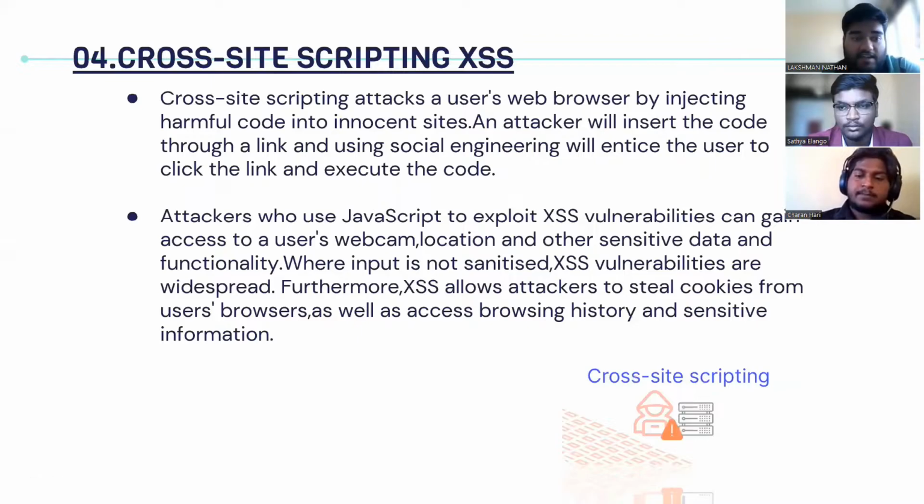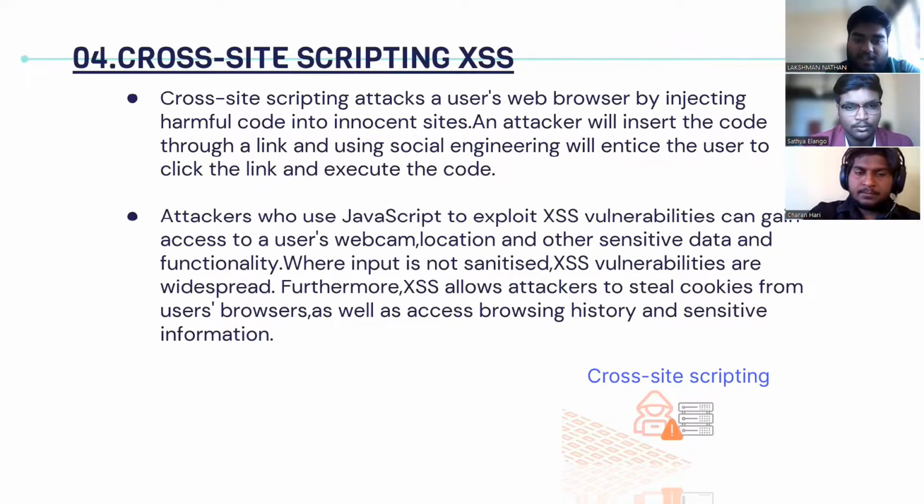Okay, let's see the fourth one. Cross-site scripting, XSS. Cross-site scripting attacks a user's web browser by injecting harmful code into innocent sites. An attacker will insert the code through a link and using social engineering will entice the user to click the link and execute the code.